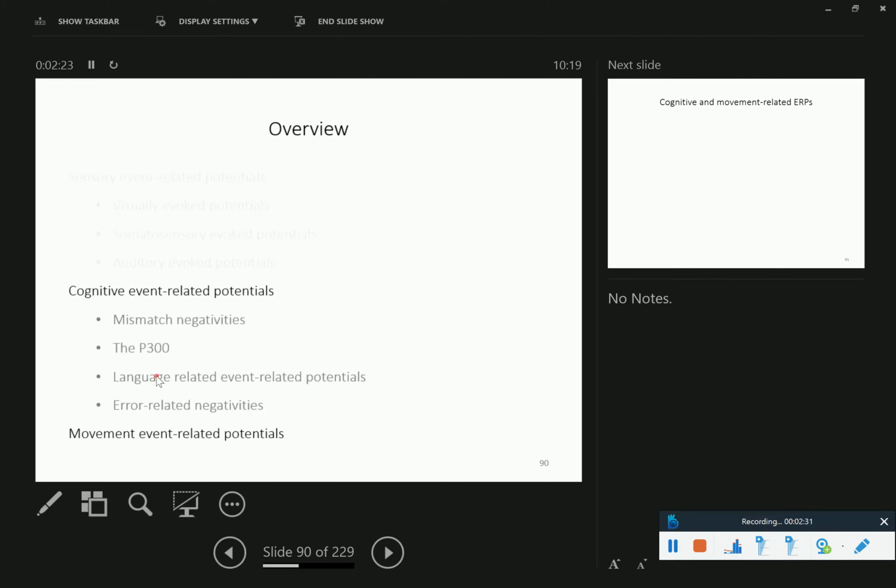I'm also working in a collaboration with Milena and one of your colleagues, Leah Muzirulek, on some language-related event-related potentials. So a little bit of first-hand experience with these. I don't have first-hand experience with error-related negativities, also not with movement event-related potentials, but they exist, people involved with SCAN work on them, and the whole world of cognitive neuroscience works on them.